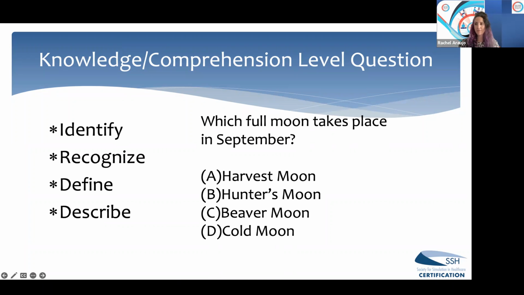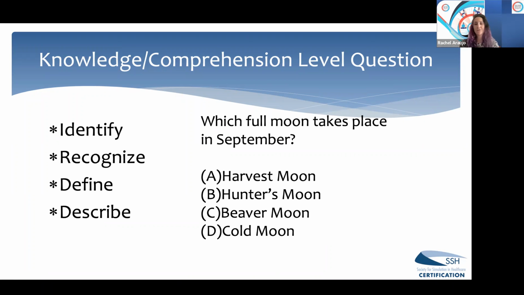I don't want anyone to get that idea. Just because it's basic doesn't mean it's bad. It's just the top level. So if you're looking at the content outline or the examination blueprint and you see verbs like identify, recognize, define, describe, those are all knowledge comprehension level verbs. So you get a knowledge comprehension type question.